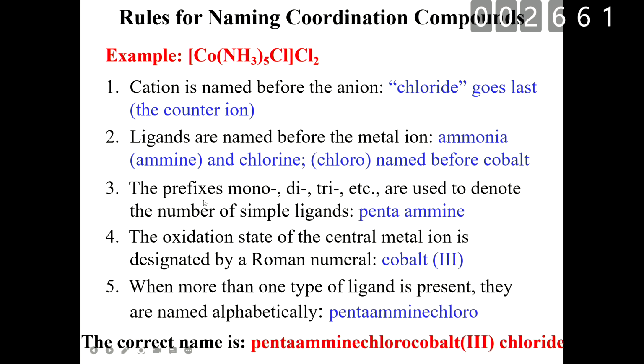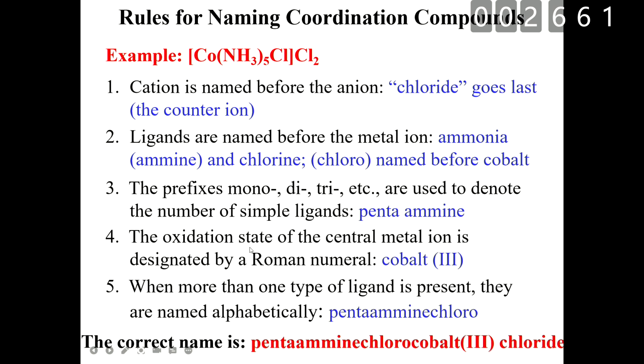And 3, the prefixes mono, di, tri are used to denote the number of simple ligands. So for example, in this there are 5 amine, so we call it pentaamine.